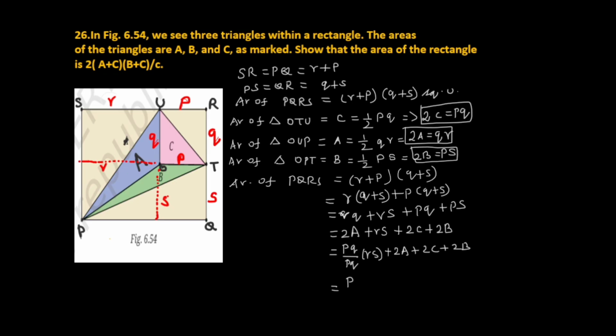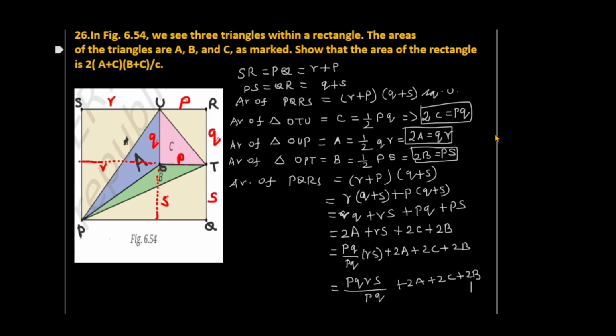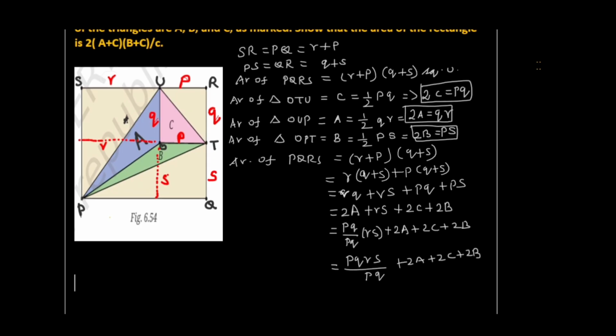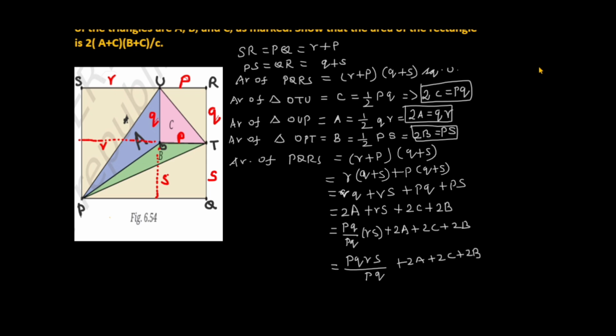So when we are multiplying this, PQRS divided by PQ plus 2A plus 2C plus 2B. Now combine PQRS. The value of PQ we got in the first box as 2C. The value of RS we are not having, so change the combination.